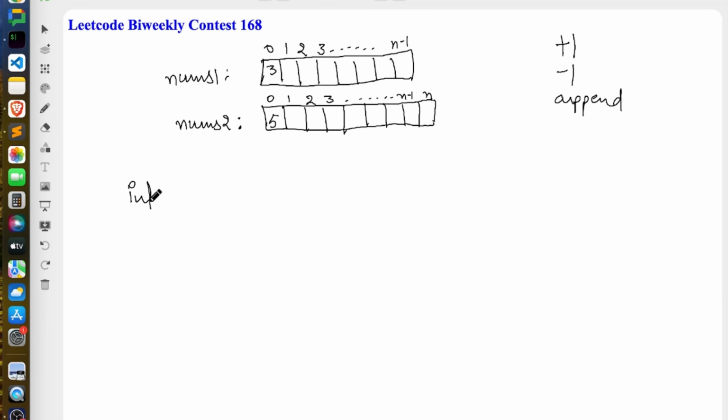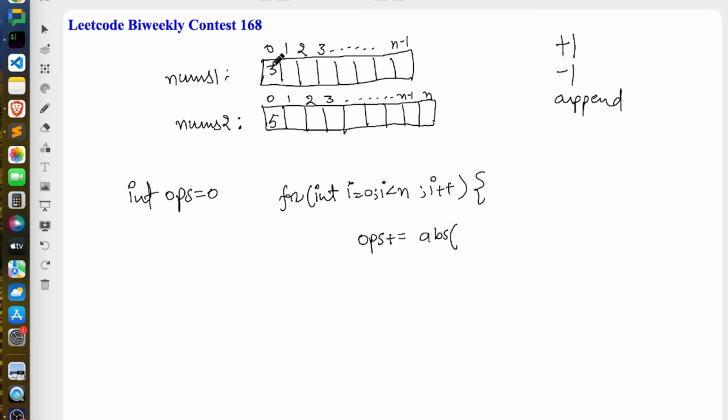Let's say there is a variable called total ops initialized with 0. We can easily use a for loop, for int i equals 0, i less than n, like for all the numbers in nums1, i plus plus, total ops plus equals the absolute value of the difference between nums1 of i and nums2 of i, nums1 of i minus nums2 of i.